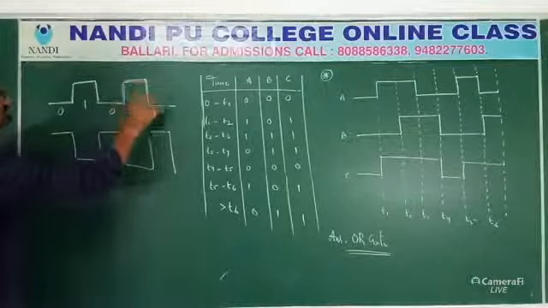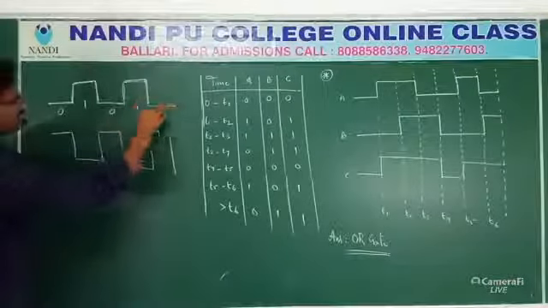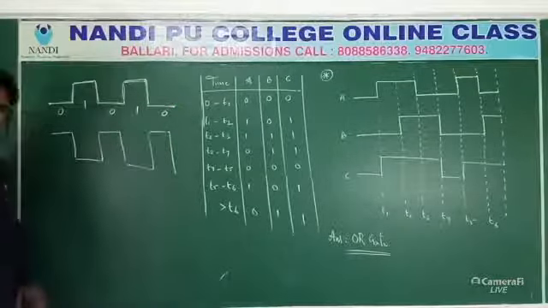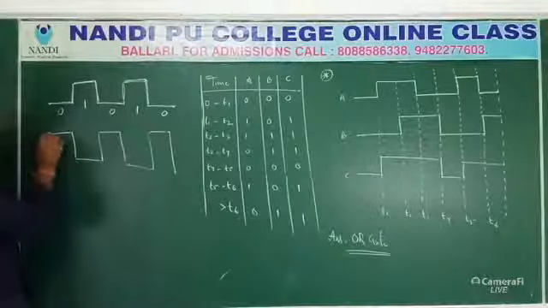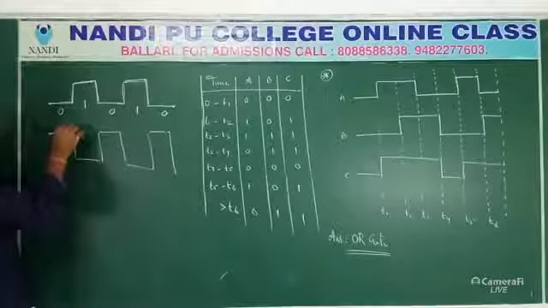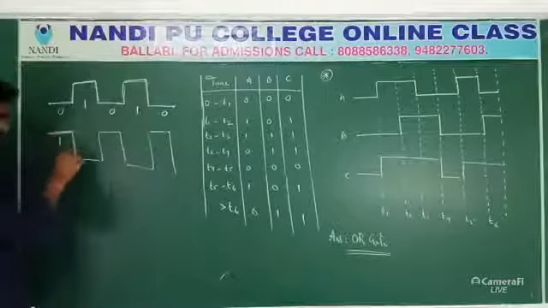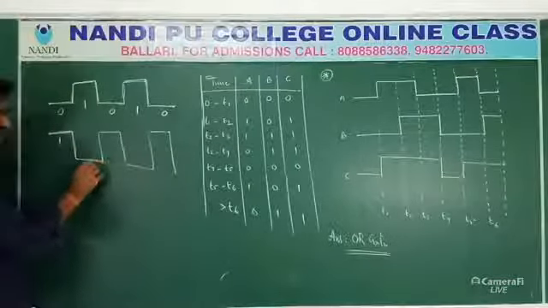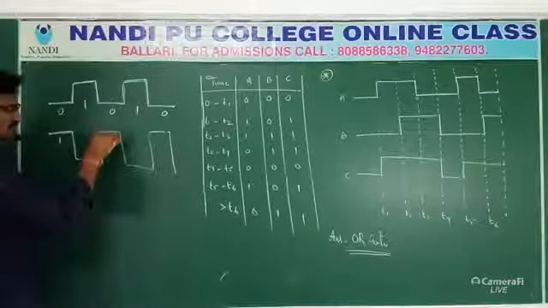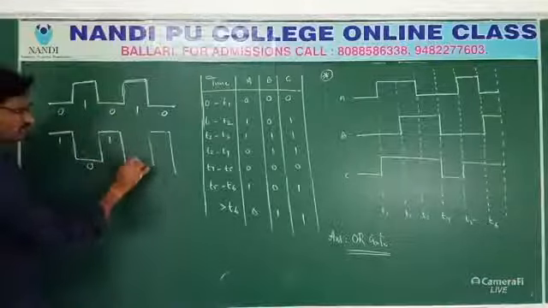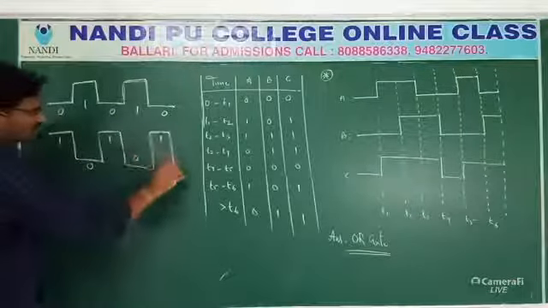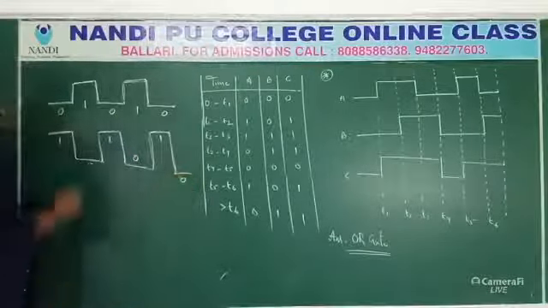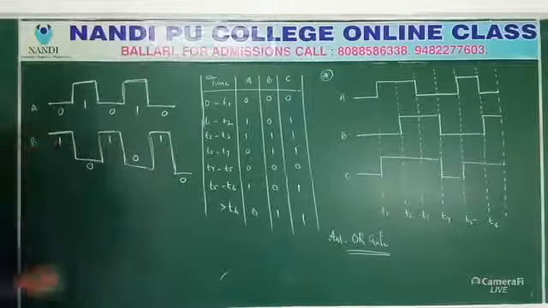This rising value is 1, falling value is 0. Starting high, 1. Getting down, 0. Again high, 1. Getting down, 0. High, 1. Getting down, 0. Let us take them as A, B.